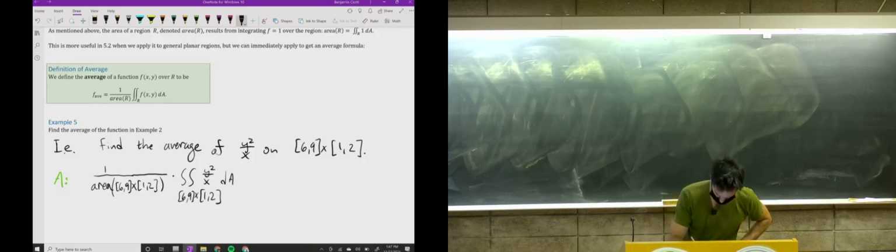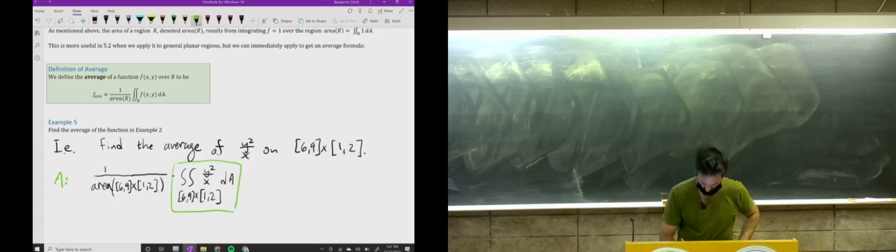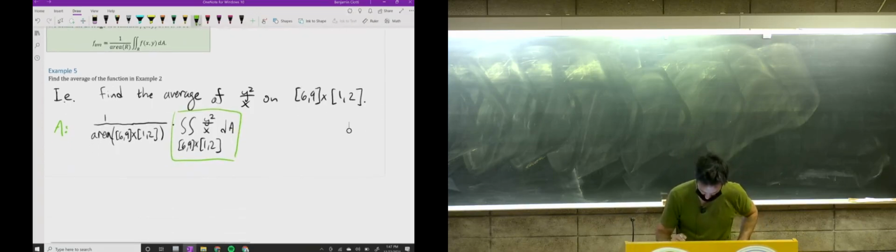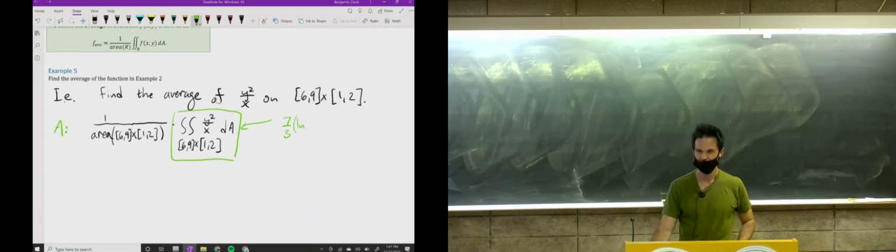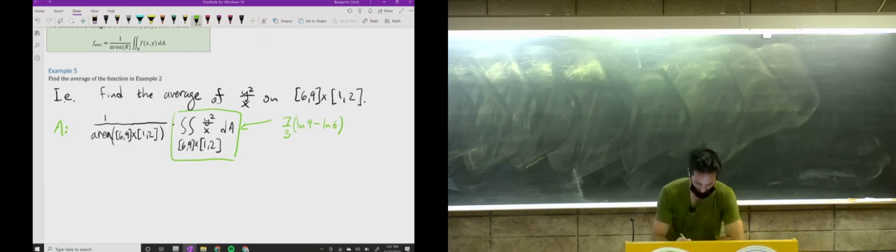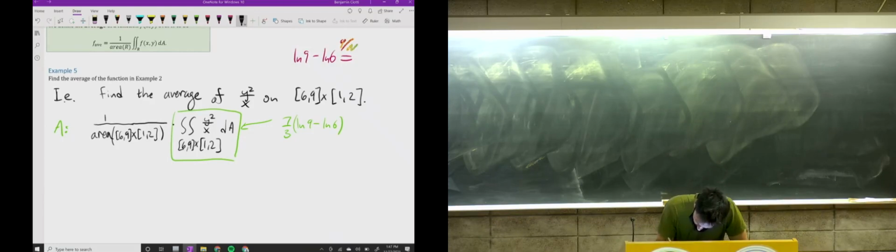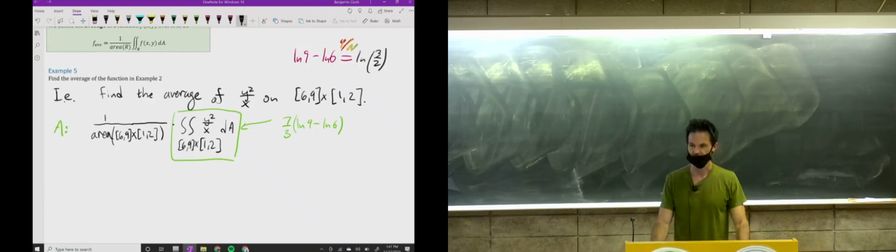We already computed the double integral part. It was 7/3 times ln 9 minus ln 6. Oh, by the way, ln 9 minus ln 6, is that equal to ln of 3/2?